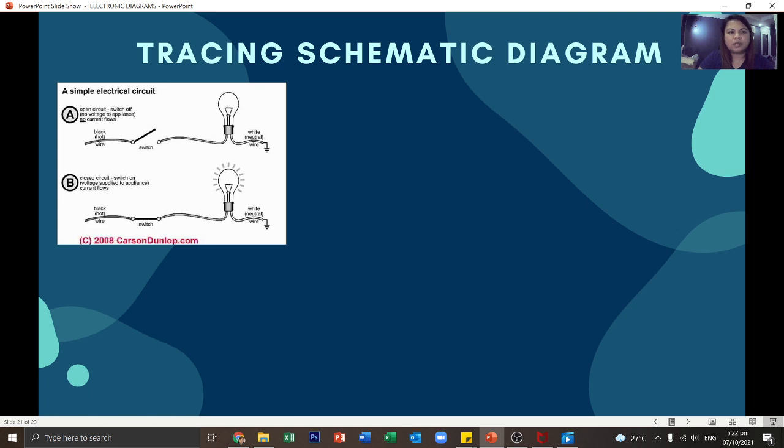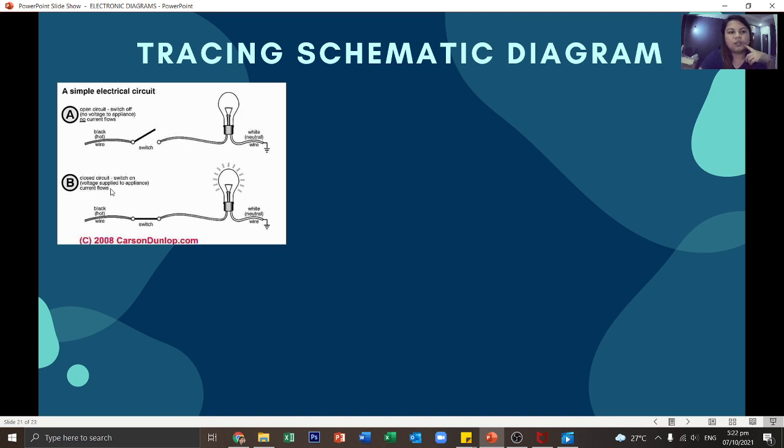So before we start tracing, here I have an example of a basic circuit. As you can see, the black or hot wire is the positive and the neutral is the negative. This is an open circuit because the switch is turned off and the bulb does not light up.